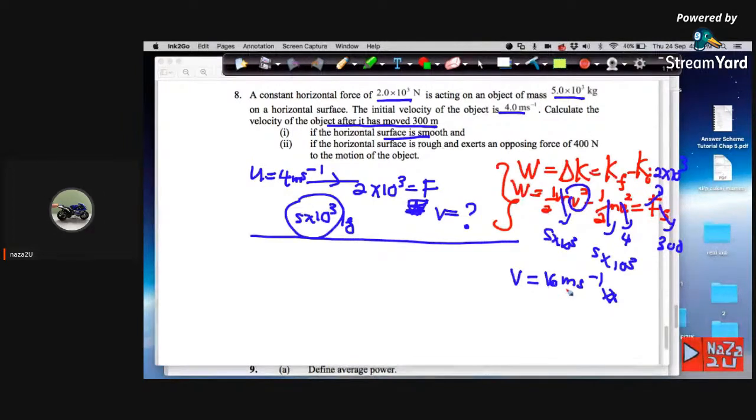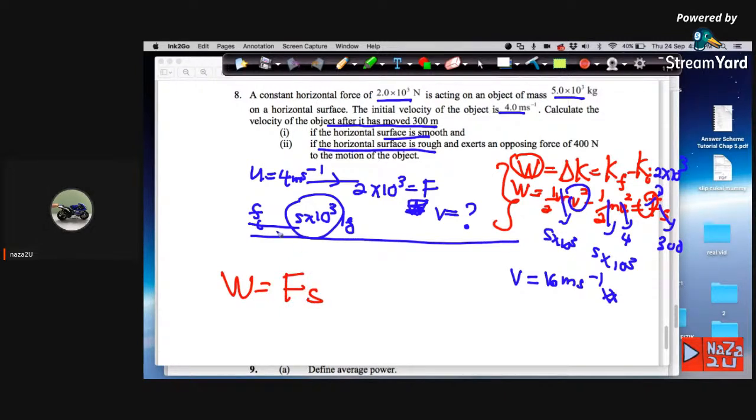Okay, so yang kedua, dia nak mencari velocity juga, tapi if horizontal surface is rough surface, maksudnya dia ada frictional force. So kalau ada frictional force, untuk cari work done, dia mesti merujuk kepada force kat sini yang kamu pakai, W is equal to Fs.